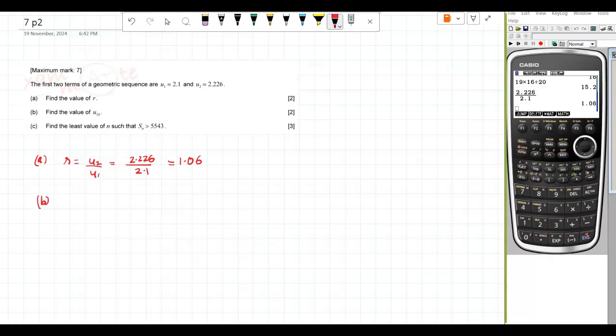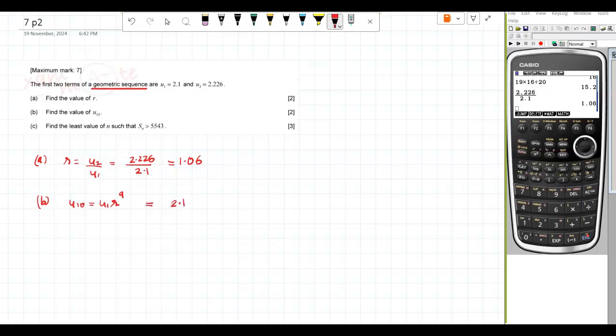Okay, B, U10 is equal to U1 into r raised to 9, correct? Un is u1 r raised to n minus 1. It's a geometric sequence, no? Now be careful, read this well and underline it in exams. Don't use the wrong formula.